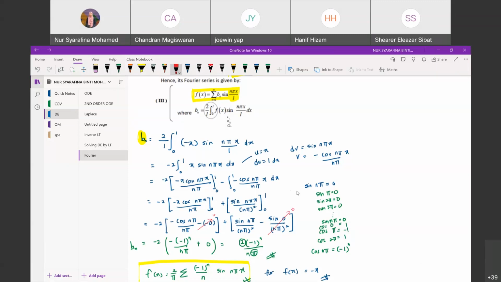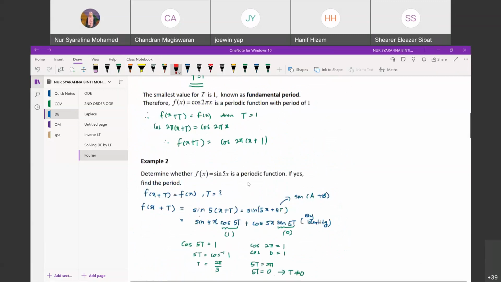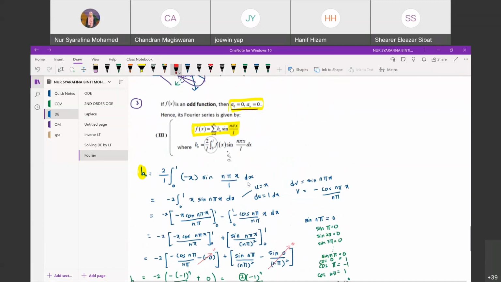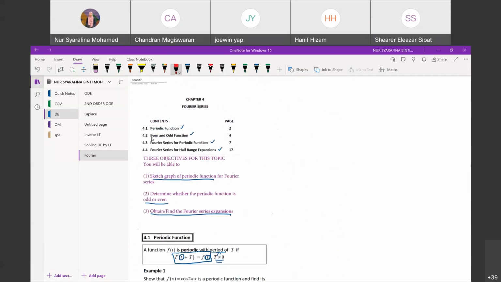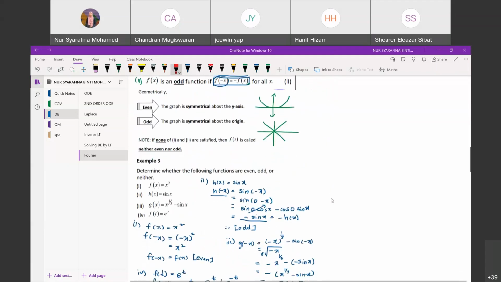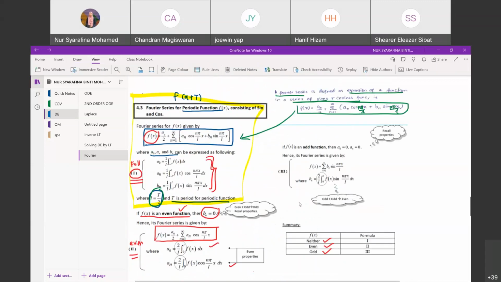Okay, so what we have been doing just now, we understand that the function is a periodic function. Why? Because only a periodic function can be expanded to a Fourier series. We know the function is periodic, then we can find the Fourier series. That is the first step. And then you identify the type of function. Is it even or odd? That will determine which Fourier series terms you need to find. If it is even, then you just need to find a naught and an.